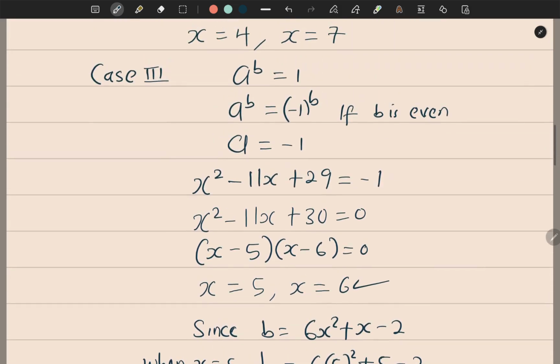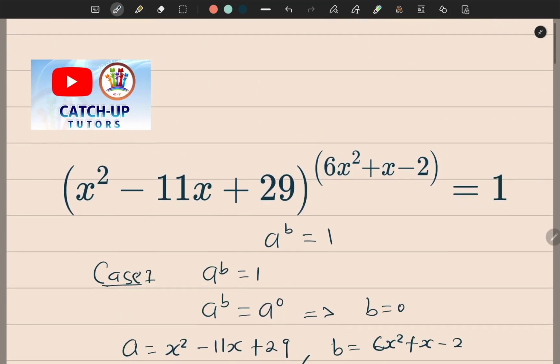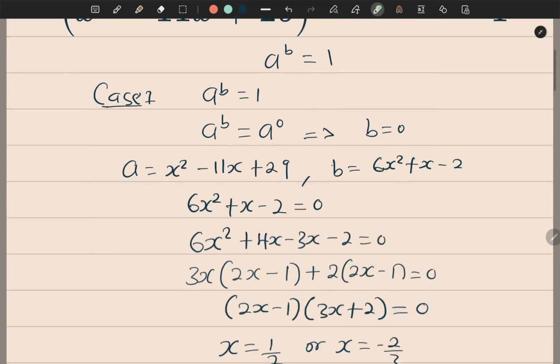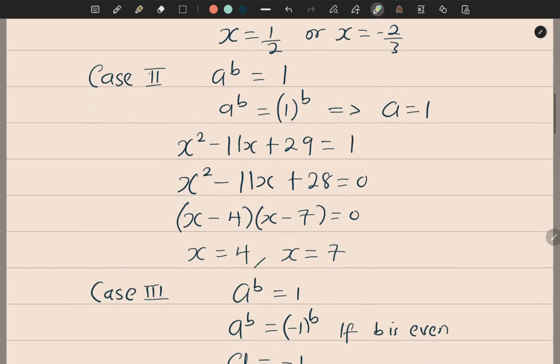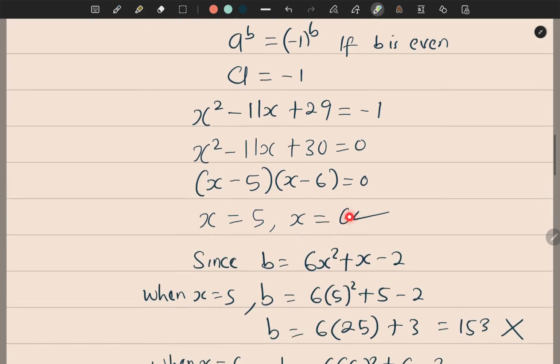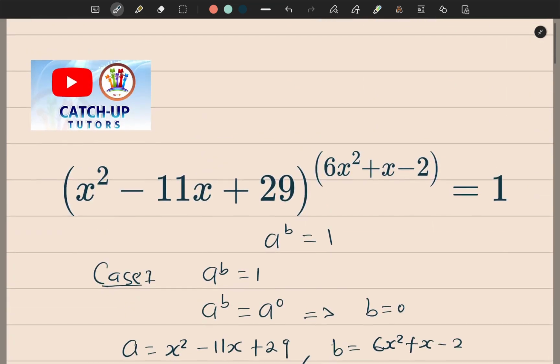So finally, the values of x that will satisfy the given equation are 1 over 2, minus 2 over 3, 4, 7 and 6. These 5 values satisfy the given equation. So x equals 5 should be left out; you are not going to use it. And that is the solution to the given problem.